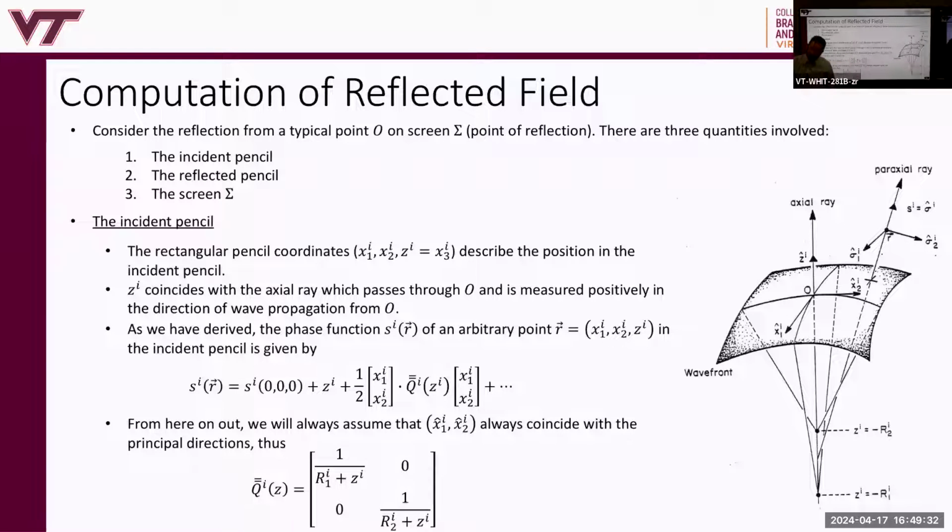And in order to describe the electric field and the phase function in the incident pencil, we have to be able to describe things in terms of the coordinate system, which is centered about the axial ray, right? So we have to describe other points, other phase functions and field vectors in the incident pencil with respect to the coordinate system centered on the axial ray, right?